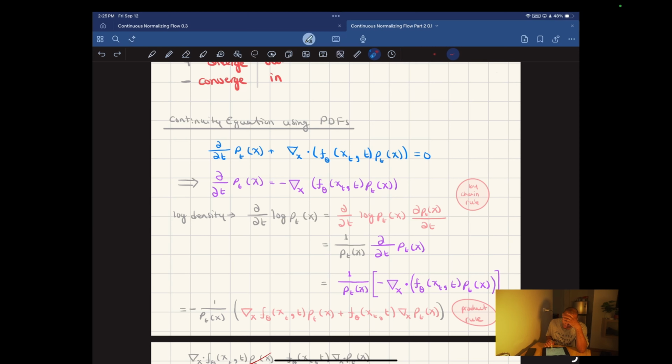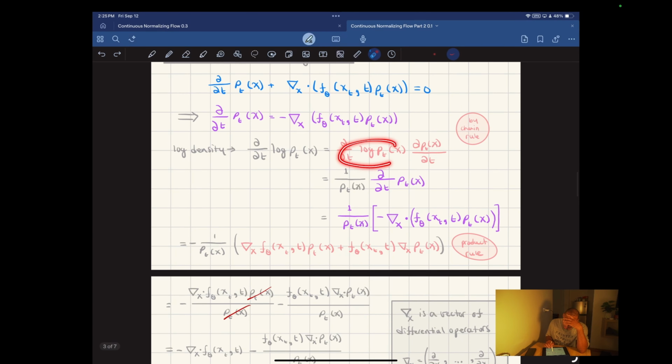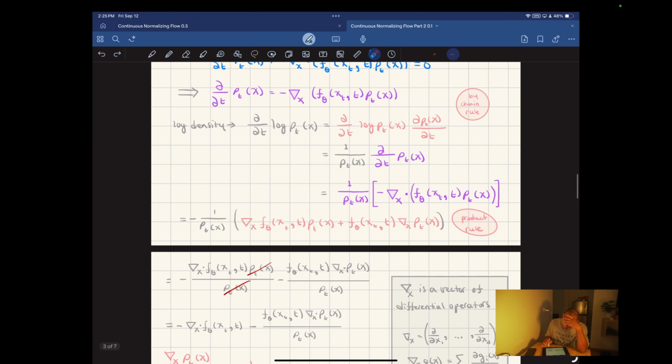So we just start performing derivative operations, right? By the chain rule, this becomes this, right? And then we take the partial of log, which becomes this. The derivative of log with respect to t is this, right? And then this is this, so we just swap it in here. I bring the negative outside. And then by the product rule, if I distribute this, right? What is this? This is a vector of differential operators.